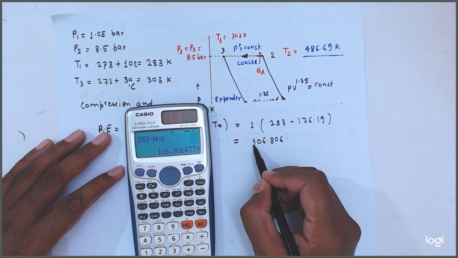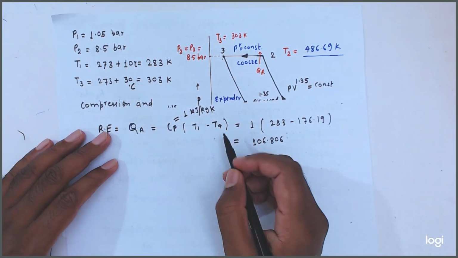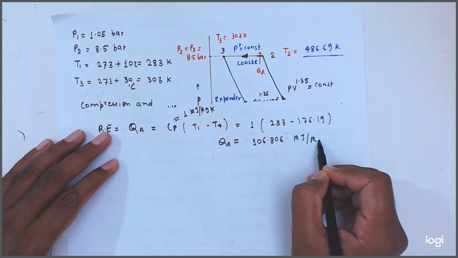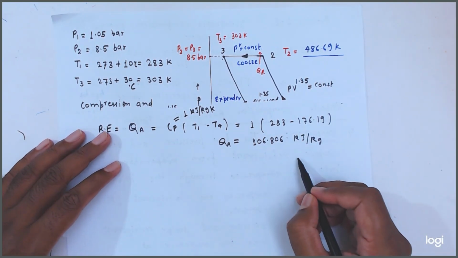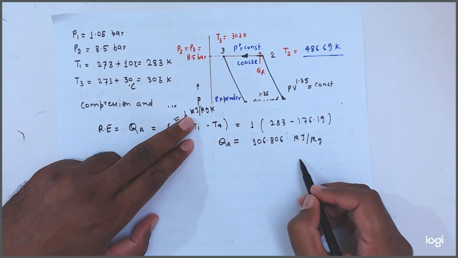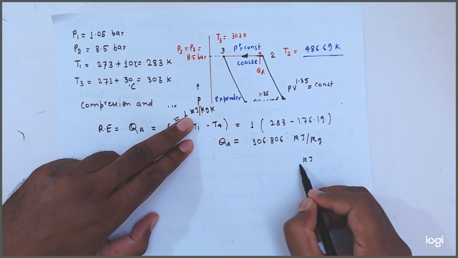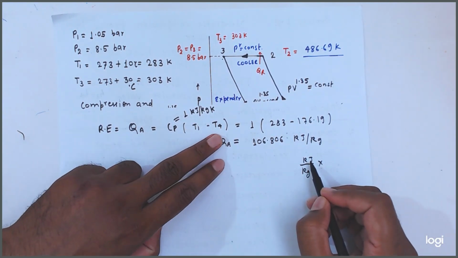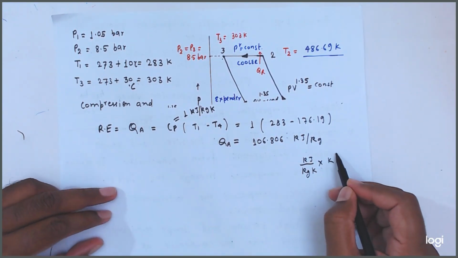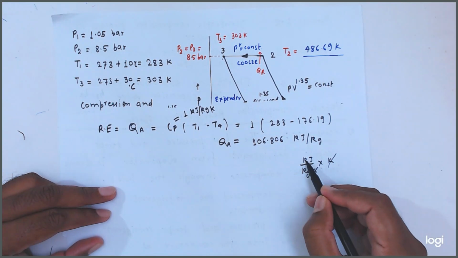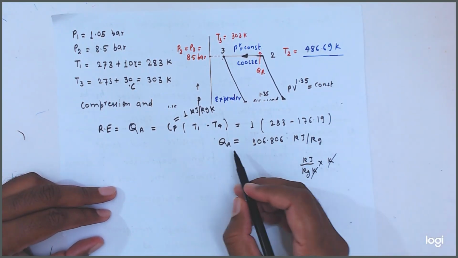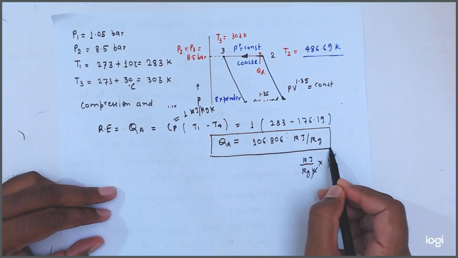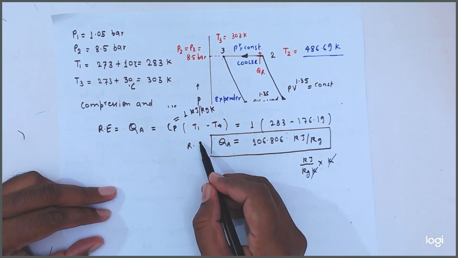Okay, so this is the heat addition in kilojoule per kg. How? Because the Cp unit is kilojoule per kg Kelvin, and the temperature is in Kelvin, so Kelvin cancels out and kilojoule per kg comes. So this is the heat absorption or refrigeration effect.